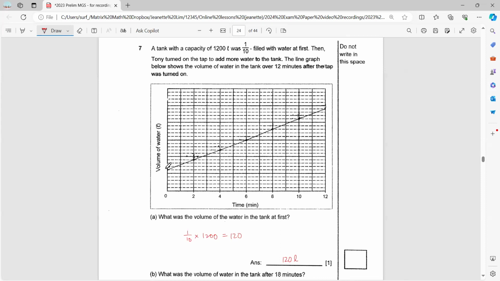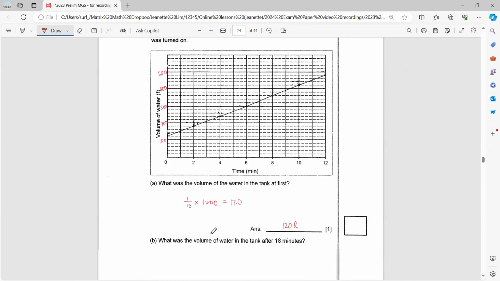So every interval is 20 liters. So this one is 100, 200, 300, 400, 500. Okay, so 120 is there.